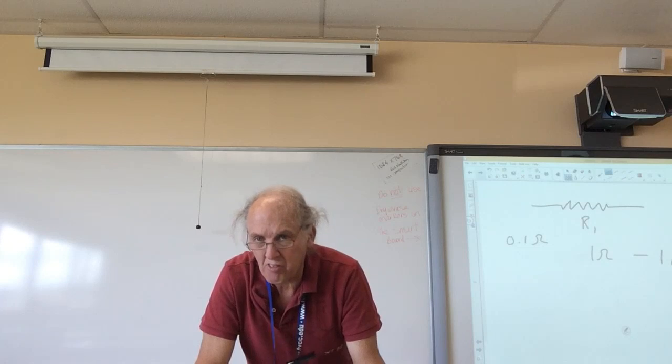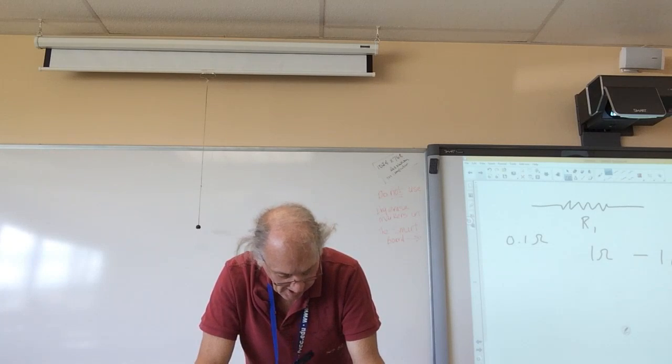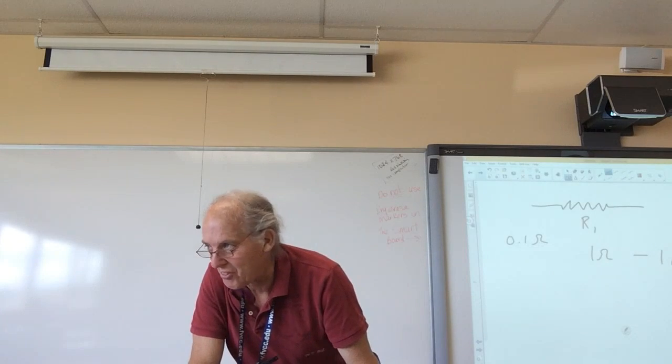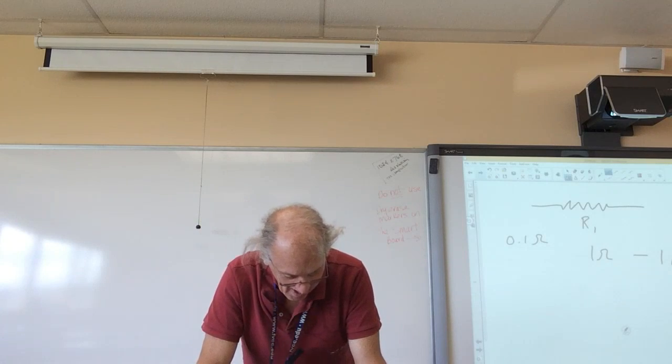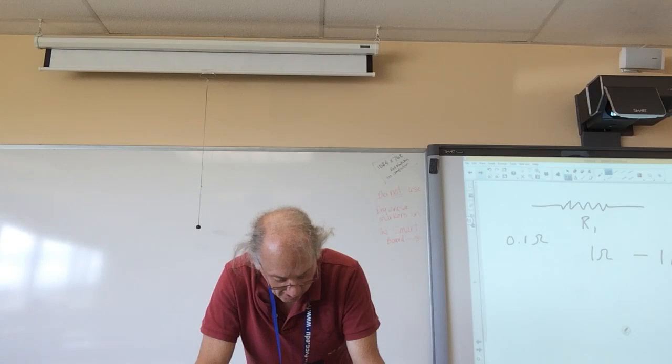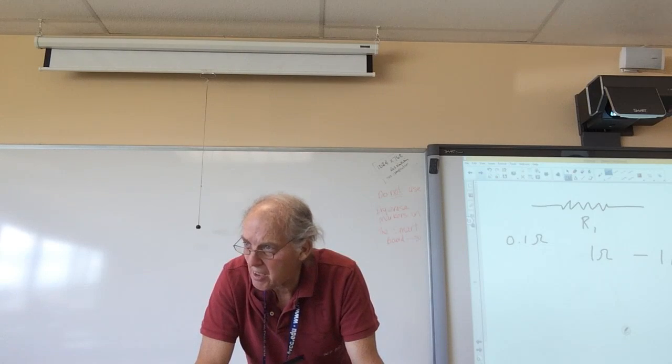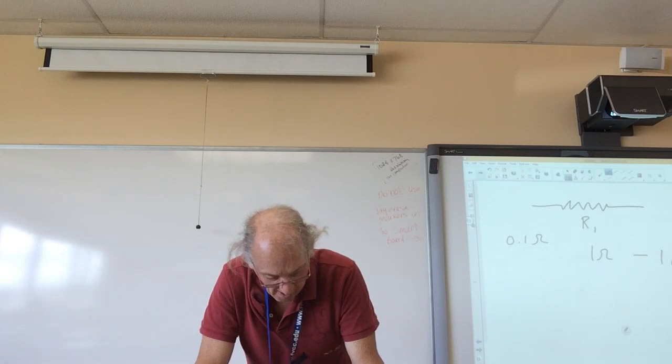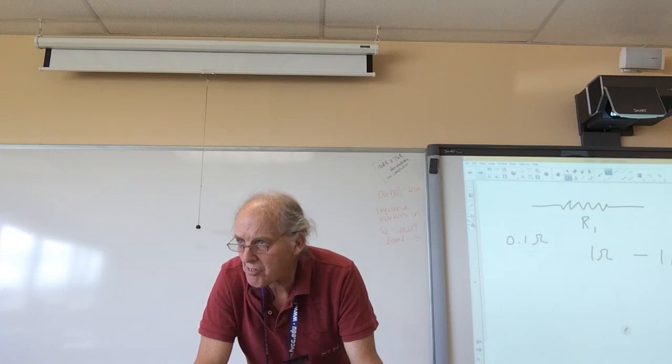That's almost an insulator. Giga, I've never seen a giga resistor either. But mega, kilo, milli, micro, nano. Okay, so mega and kilo will be for resistances. You'll see that a lot. Milli, micro, nano, and pico, you'll see that in capacitors and inductors, okay?